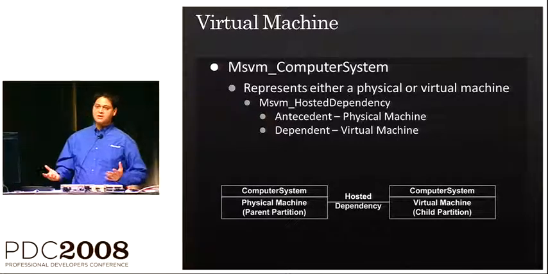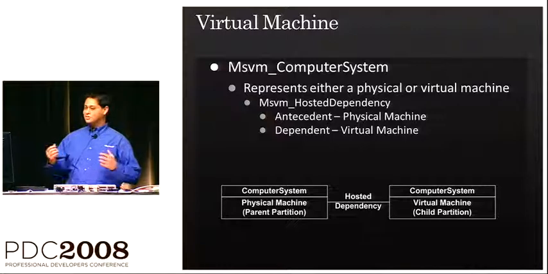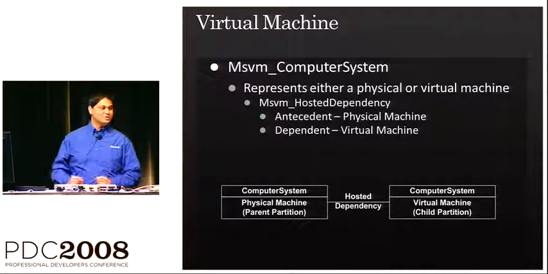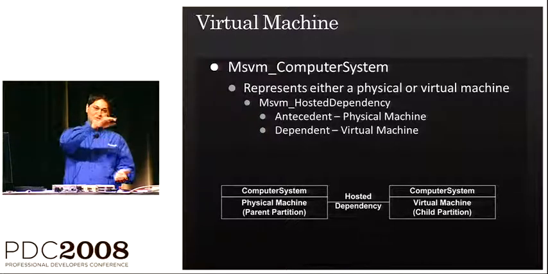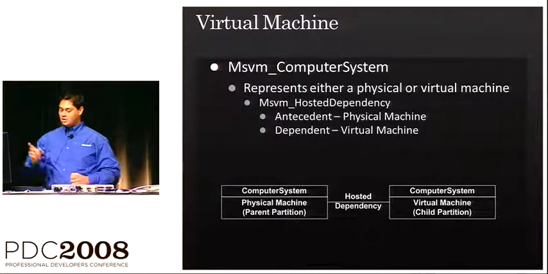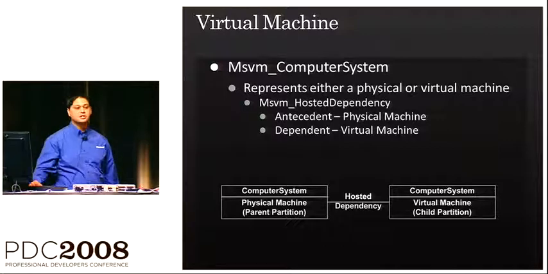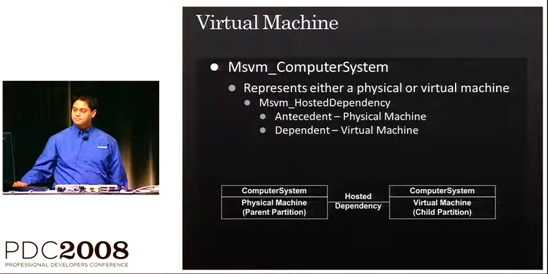Now, this does end up giving you a little bit of confusion, because if you just enumerate all the computer system objects, you'll end up getting one that represents the physical machine and a whole bunch that represent all your virtual machines. The way you tell them apart is through the hosted dependency association.